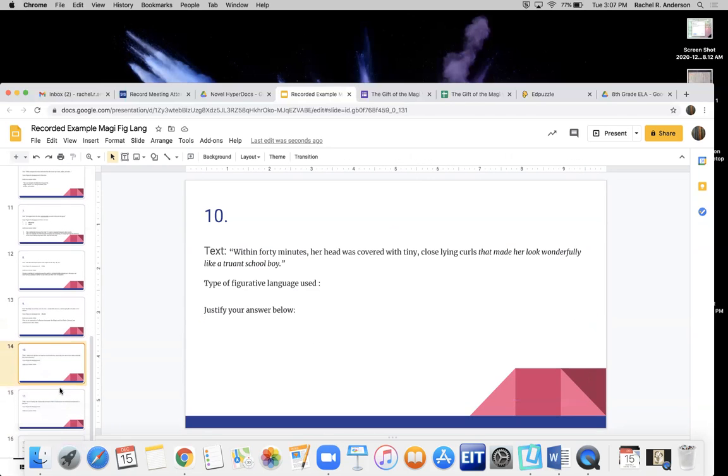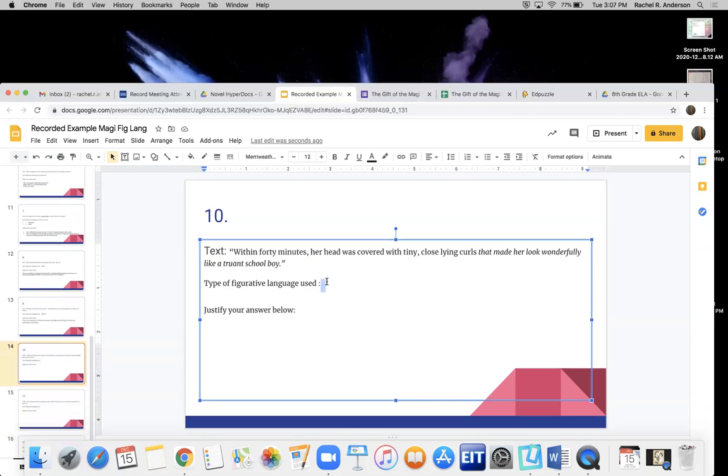Number 10, the text says, within 40 minutes, her head was covered with tiny, close-lying curls that made her look wonderfully like a truant schoolboy. So again, remember, this happens after Della cuts her hair. She goes home and she tries to make her hair look presentable so Jim will see her and still think she's attractive.